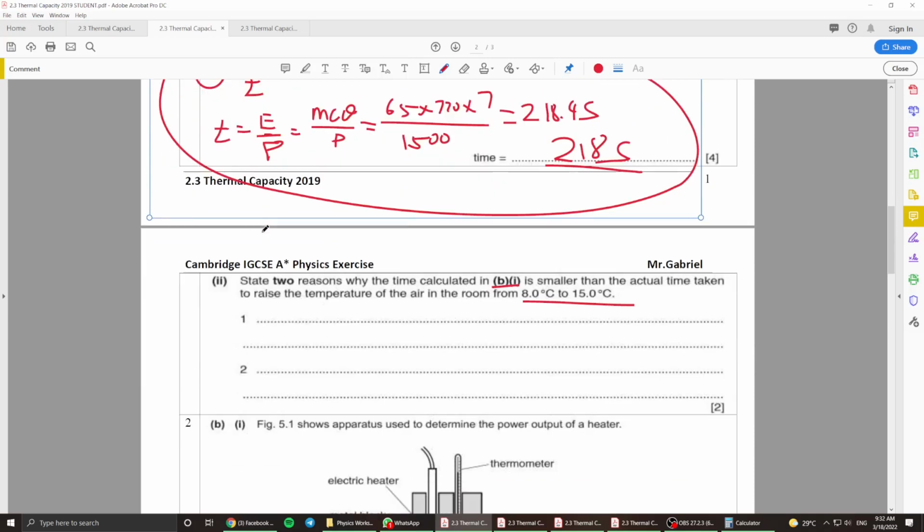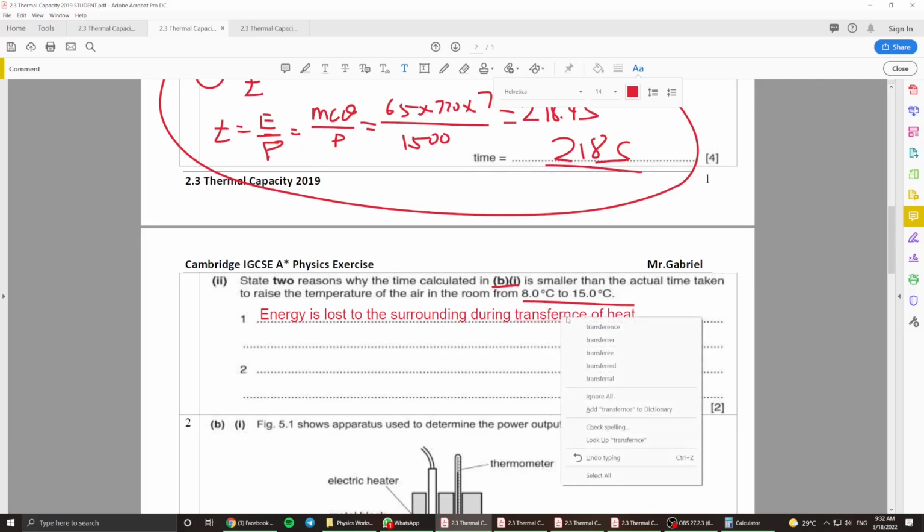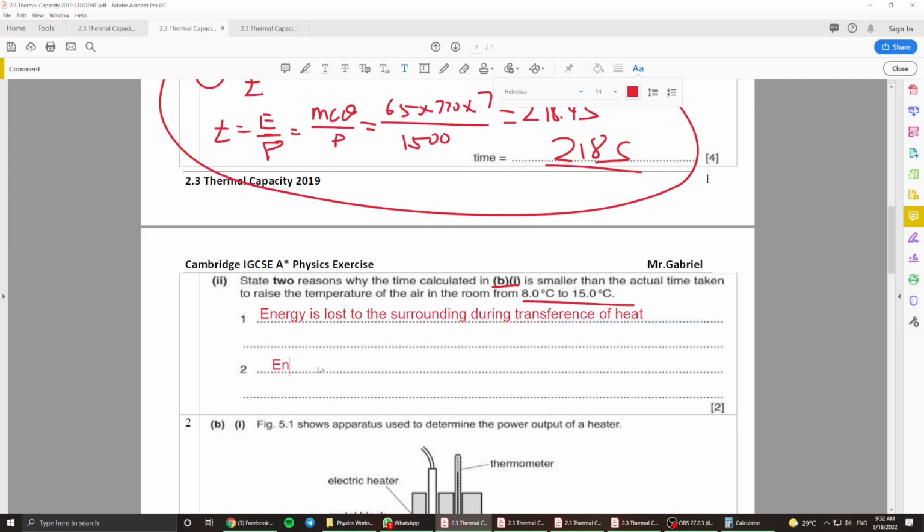So for here, you have to understand that these are the standard answers for any heat related questions: energy is lost to the surrounding during transference of heat, and energy is converted into other forms.